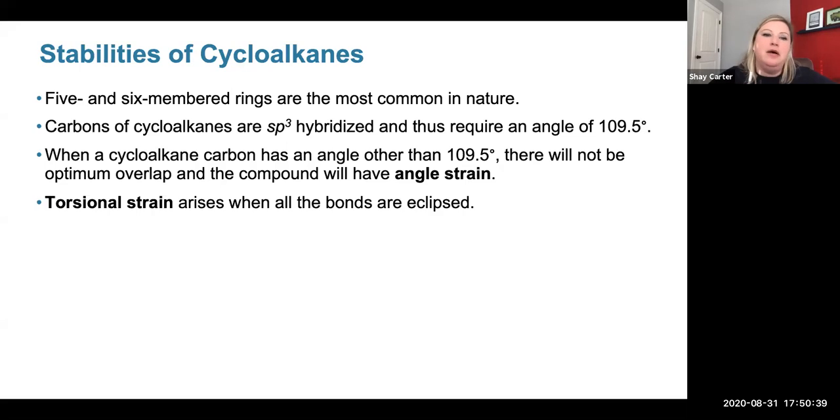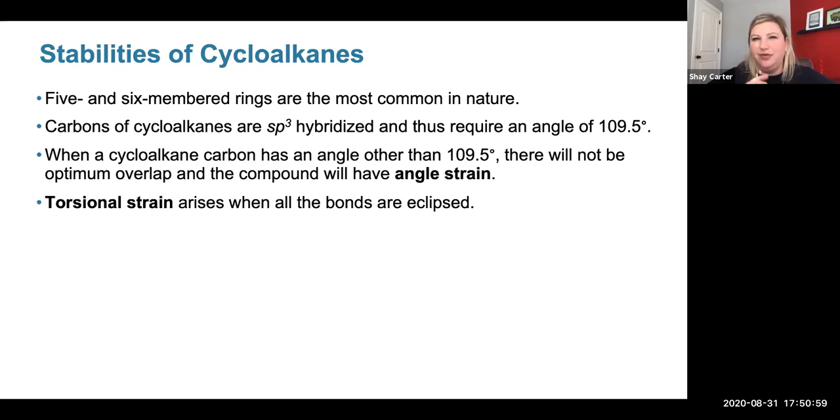When a cycloalkane carbon has an angle other than 109.5, there will not be the optimum overlap of those electrons, and the compound will have what's called angle strain. This is our third and final type of strain that we're going to talk about, okay?